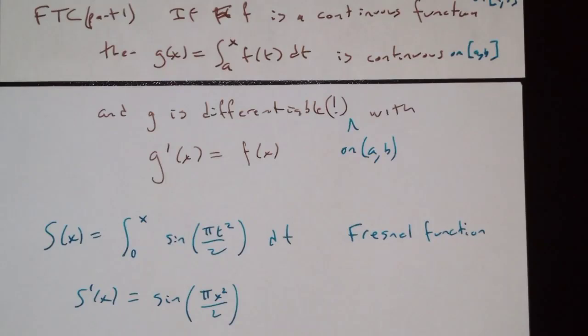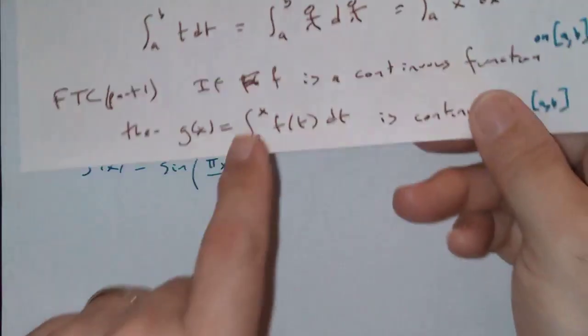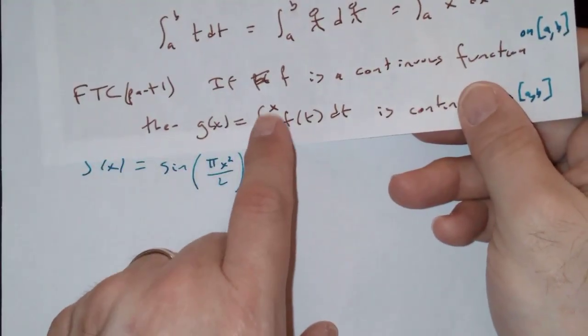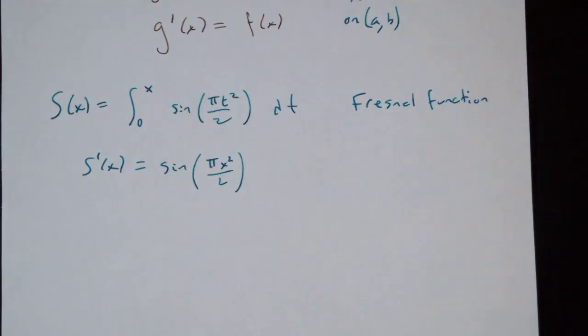If I'm taking a derivative, some of my other rules for derivatives apply. Please notice what's important in this integral is that we've defined this as going from a to x. But that also means that I can define other functions.